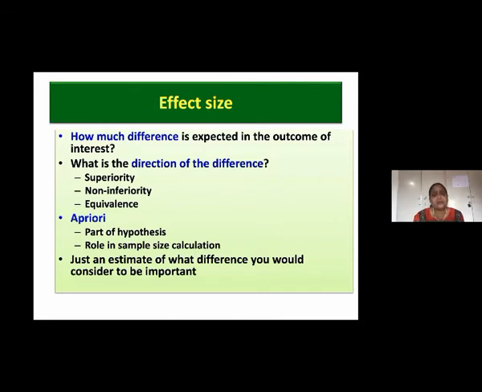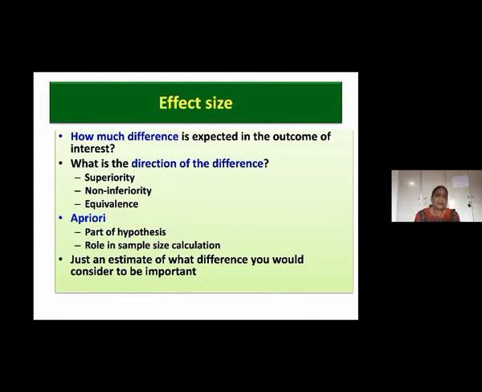But the most important thing is this effect size has to be decided a priori. Means before you start your study, you should in your mind think, if I present this study to everybody, how much will they be interested in changing their practice given the fact that this drug works? If I say that this drug works, if it reduces blood pressure by 10 mm, people will be interested.